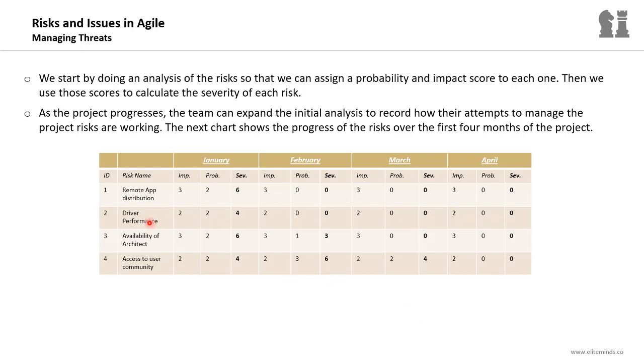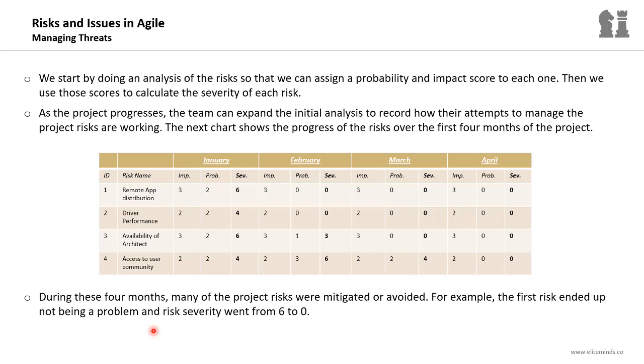You can see, for example, that for risk ID number 1, the severity of this risk in January was 6, in February it's 0. So the probability of this risk became 0, either because this risk is now outdated or because we took an action and made the probability of this risk 0. During these 4 months, many of the project risks were mitigated or avoided. For example, the first risk ended up not being a problem, and the risk severity of this risk went from 6 to 0.